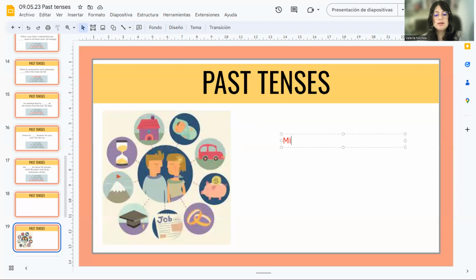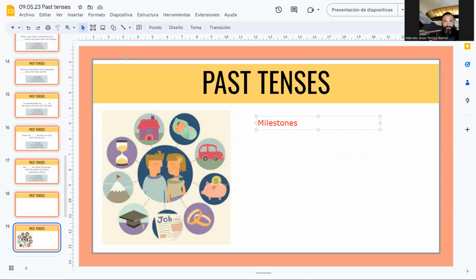I think I asked you this already. Can you remind me what milestones is? I think it's a special moment in our lives or a symbolic time in your life, for example.